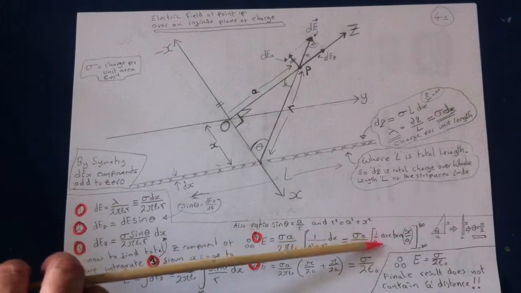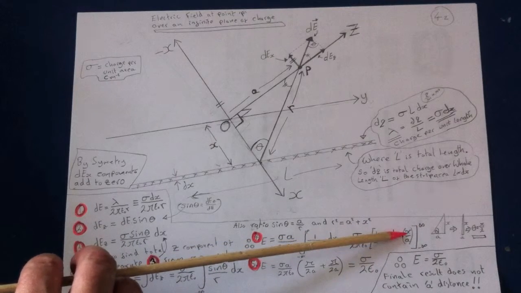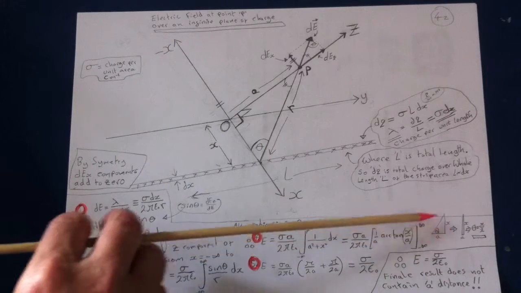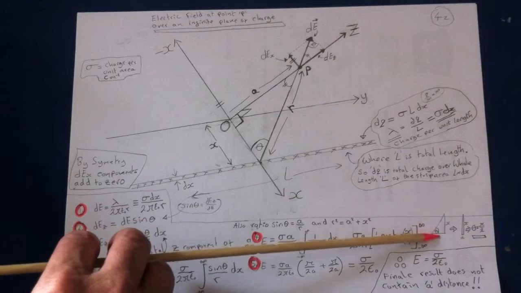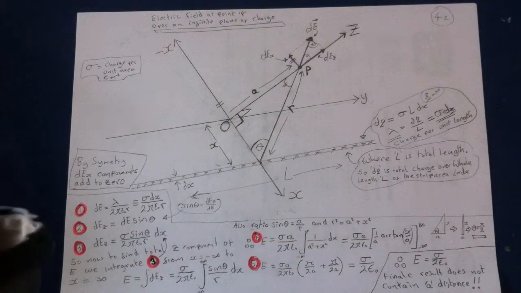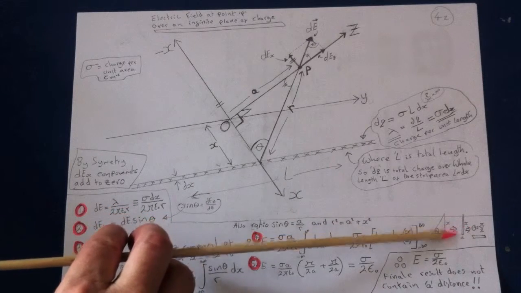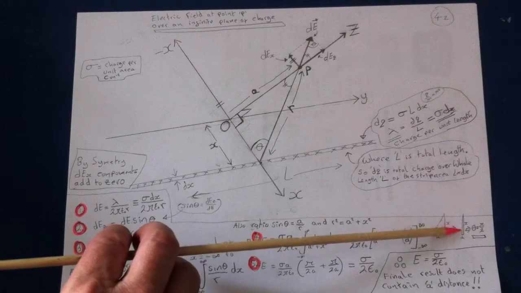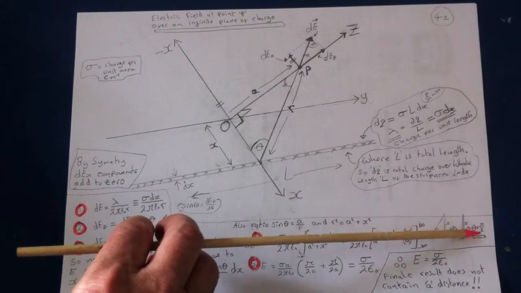Now the thing is to think about an arctan. If you put a really large number in for x here, you know that tan is the opposite divided by the adjacent, so x divided by a. If you have a very, very large x, the angle is going to go up and up, getting larger and larger, until it gets to a point where it can get no further, and it'll be pi over 2.